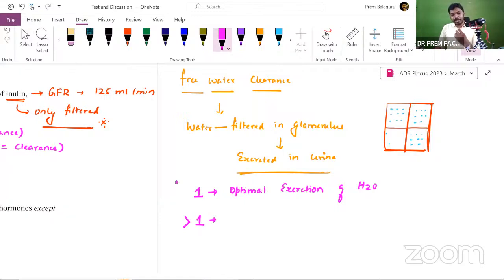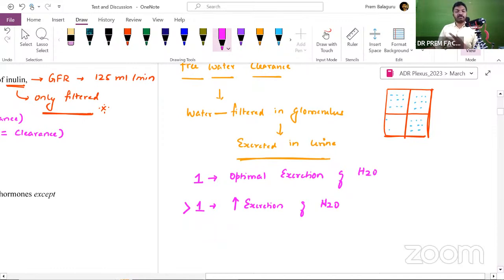Now more plasma is losing water. So increased values of free water clearance say that there is going to be more excretion of water, which means more ml of plasma is being cleared of water. Values less than 1 are going to tell you under-excretion of water, doctors, right?